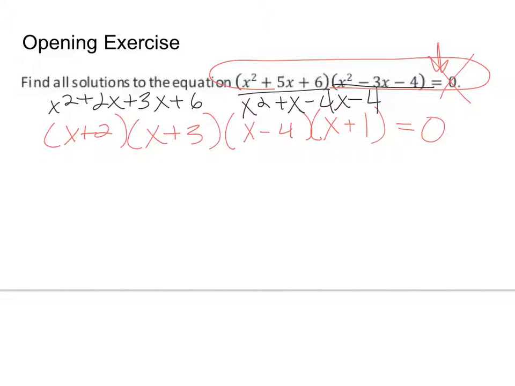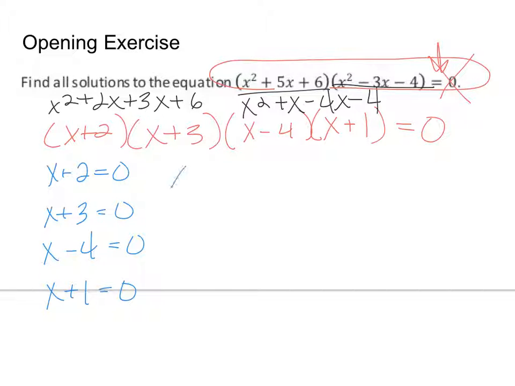So what we do here is take each binomial and set it equal to 0. And we solve. So x can equal -2, x can equal -3, x can equal 4, and x can equal 1. So our solutions are really all of these things.